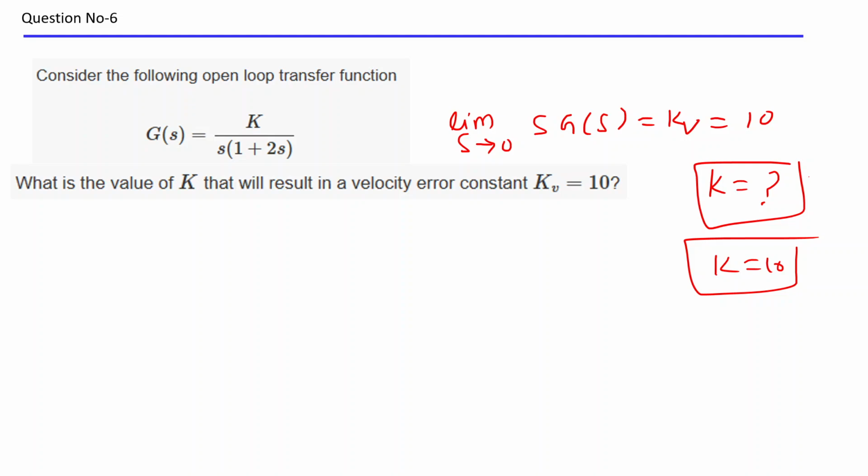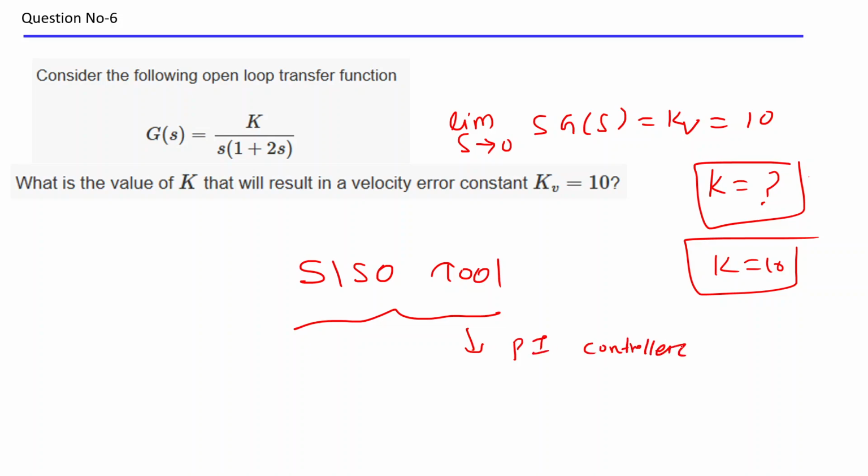There is another tool in MATLAB called the SISO tool. I'm writing the name, you can explore it yourself. Here you can design a controller. For example, you can use a PI controller and tune the KP and KI values, or you can use a PID controller and tune your KP, KI and KD values. That is also a powerful tool.